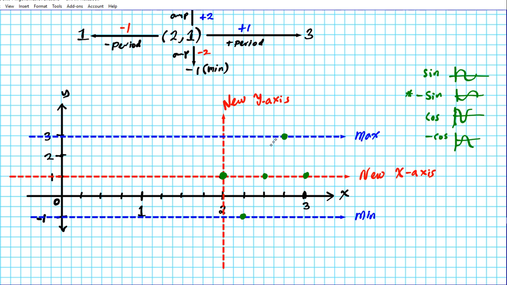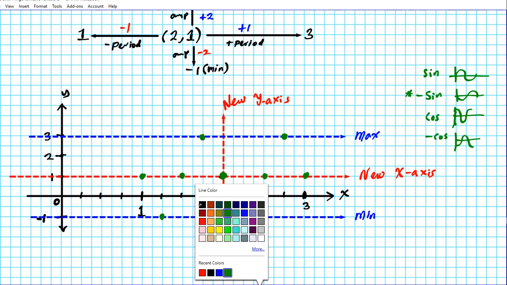So we need one period to the right of the phase shift and then one period to the left. So we're going to go 1 tick mark to the maximum, 1 tick mark back to the center, 1 tick mark to the minimum, and 1 tick mark back to the center. Alright? So these are the points for your negative sine function.